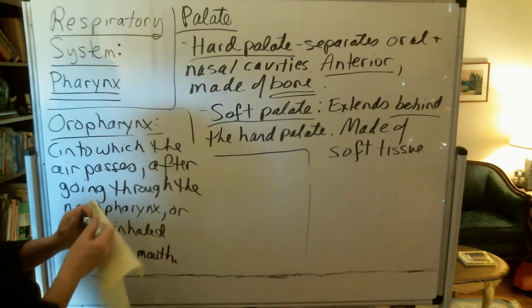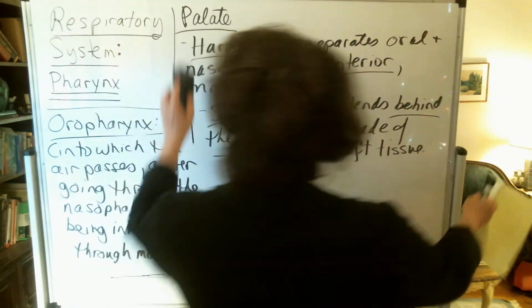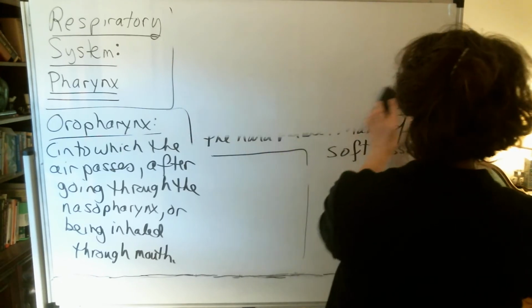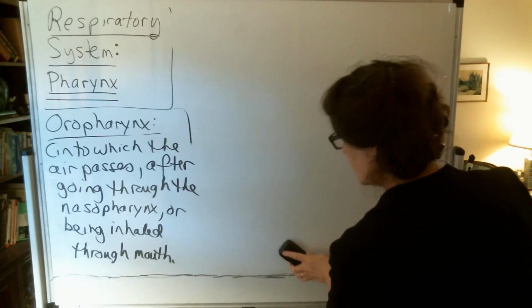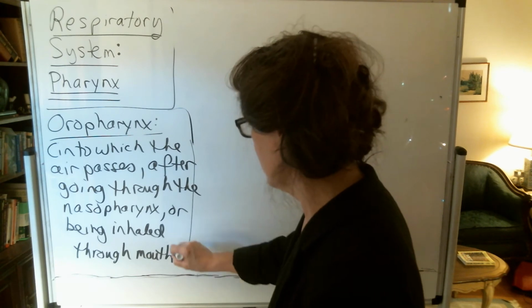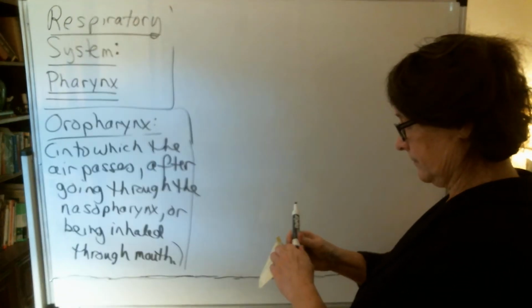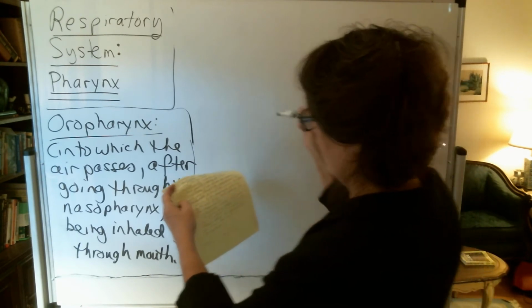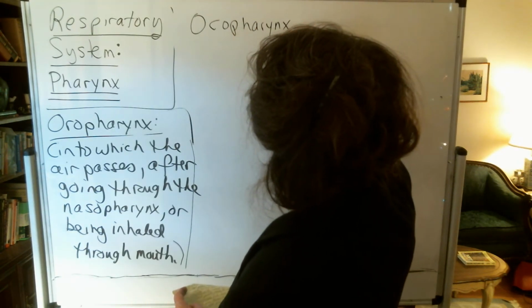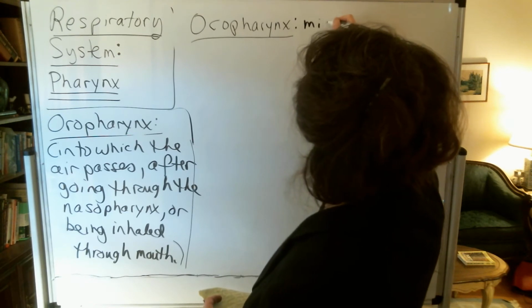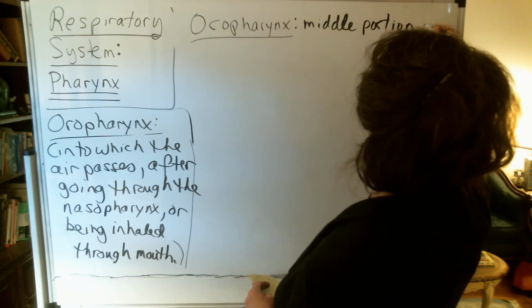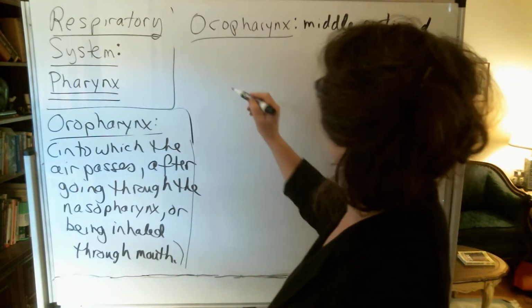So here we have the oropharynx. So the oropharynx then is the middle portion of the pharynx.